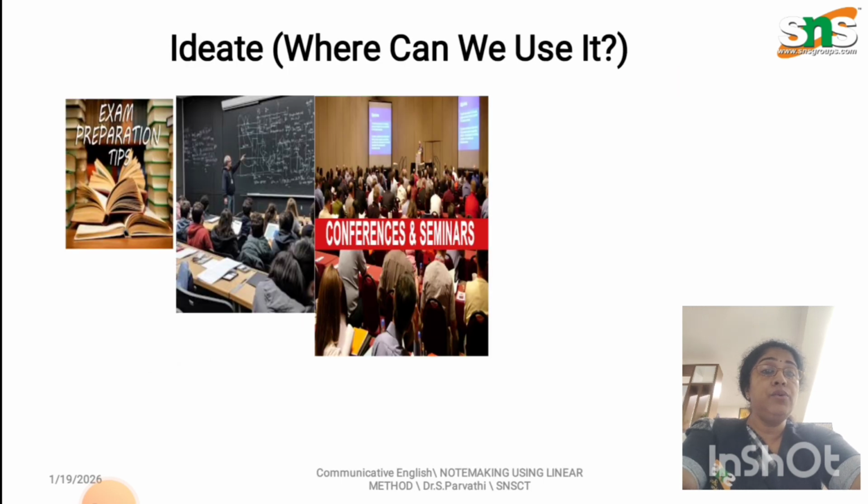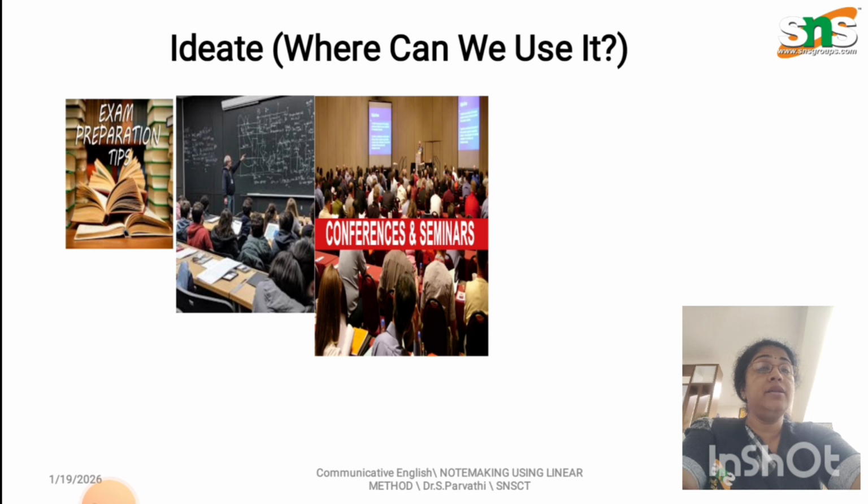These are the ideas we use while preparing for exams, even for everyday unit tests and daily tests. You remember the main points and the sub points, and also use them while listening to lectures. The teacher who is teaching can give additional information on that topic, so you have to remember everything and start taking notes.